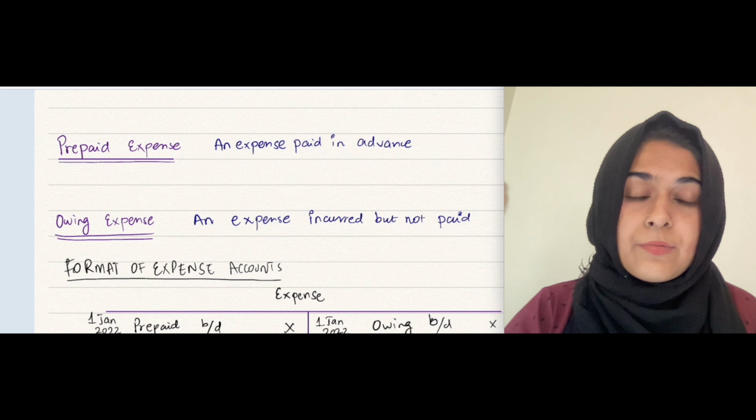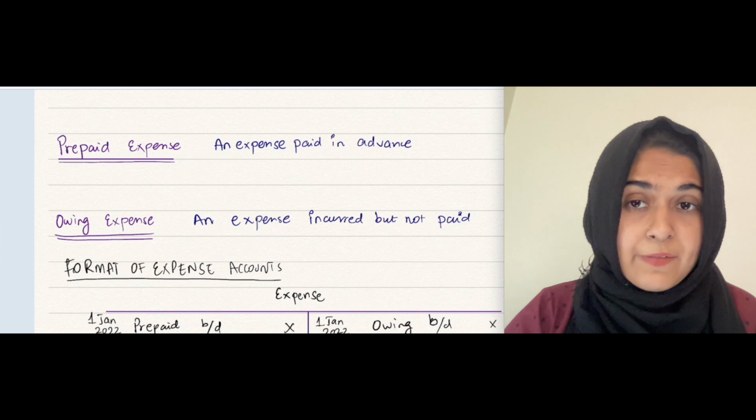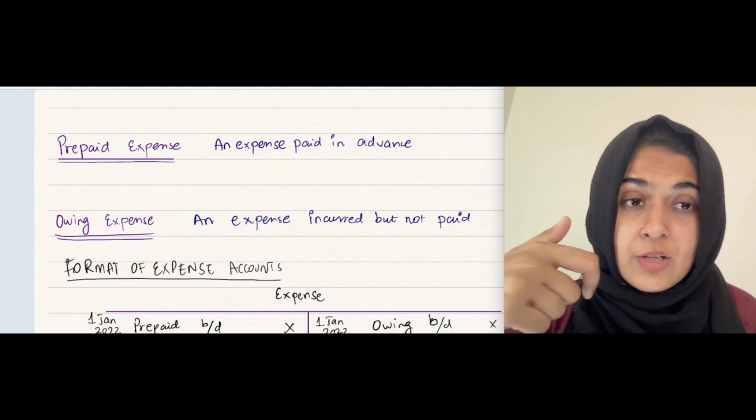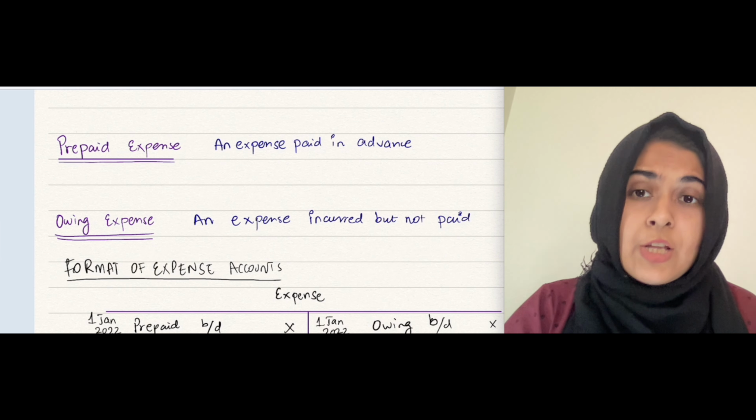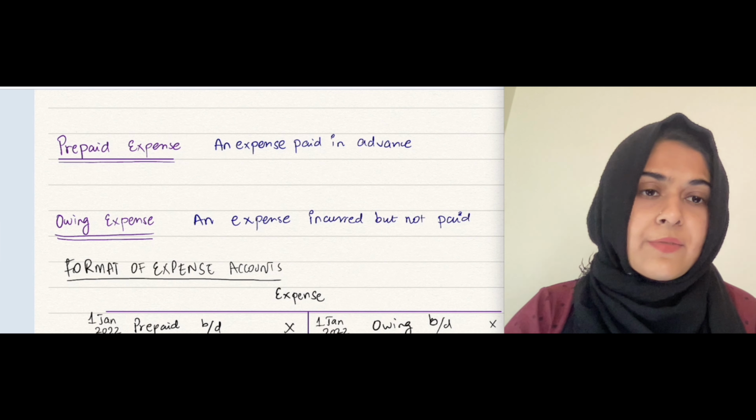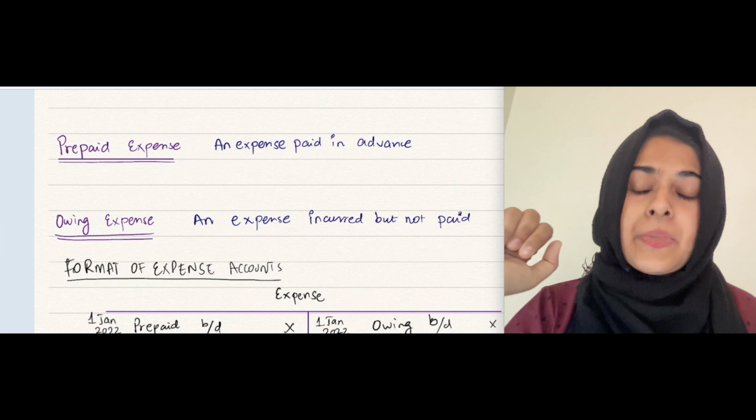So if the rent for 2022 is 12,000 and for every month it is $1,000, and I pay 14,000, that means I'm paying for January and February 2023.